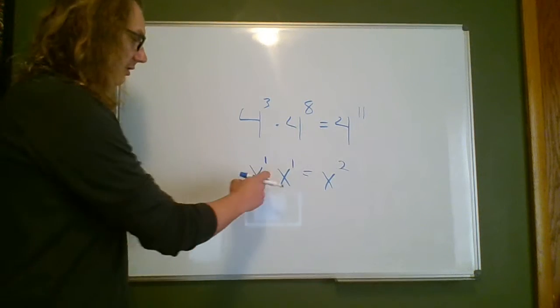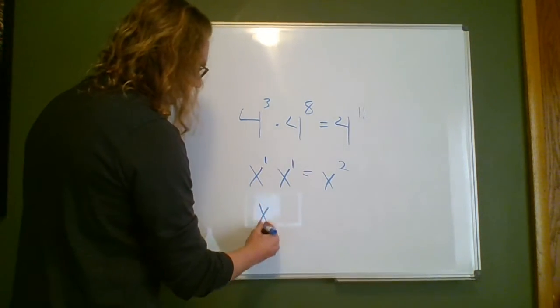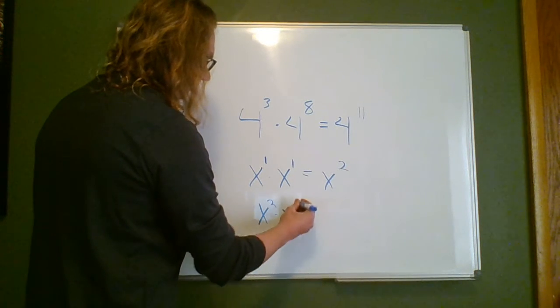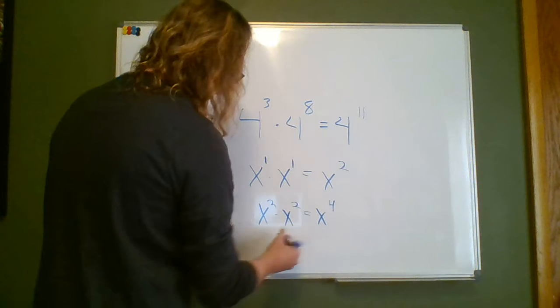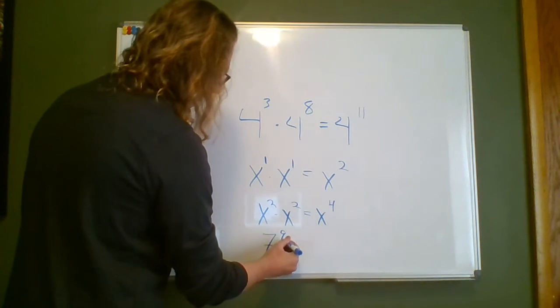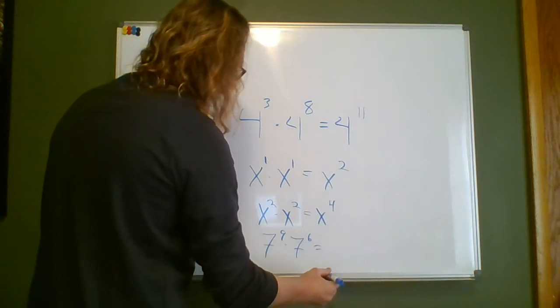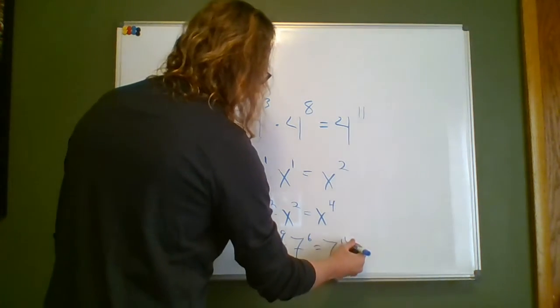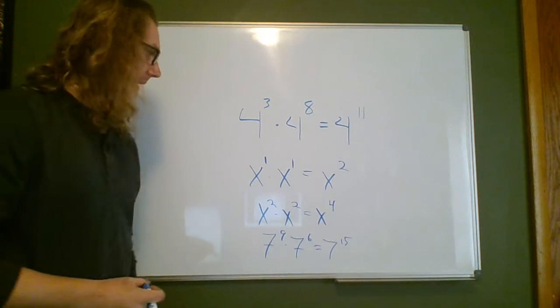So x to the 1st times x to the 1st is x to the 2nd, 1 plus 1. If you had x squared times x squared, that would be 2 plus 2, x to the 4th. 7 to the 9th power times 7 to the 6th power equals 7 to the 15th power.